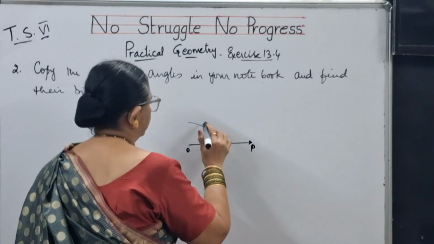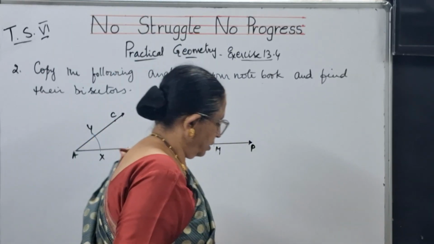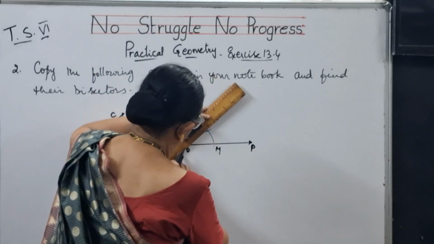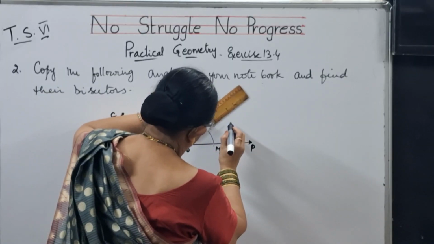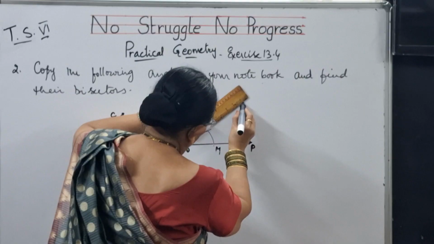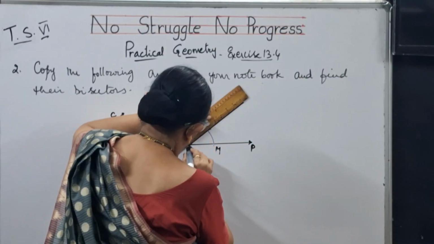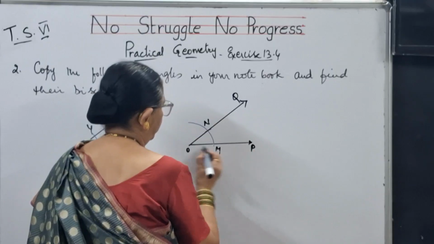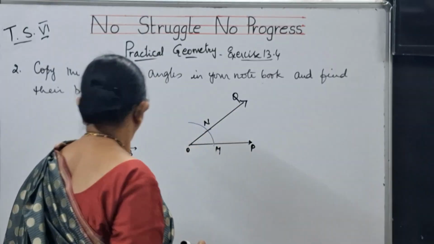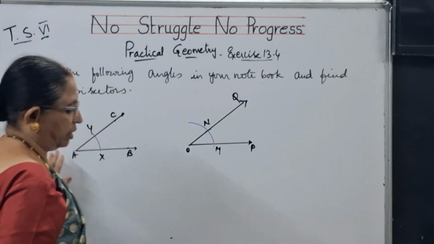This you call it as N, and join. POQ, which is a replica of this angle.